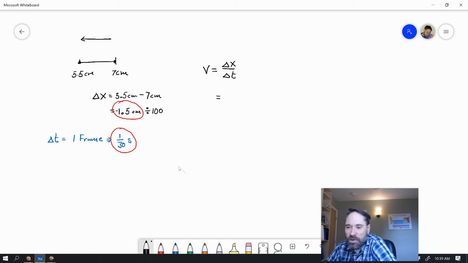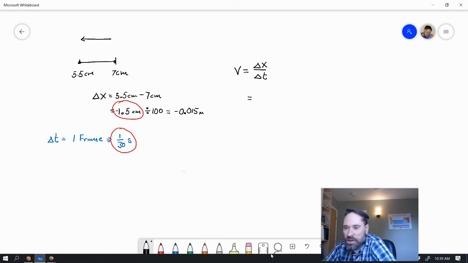So negative 1.5 divided by 100 gives me negative 0.015. And this is in meters. I should probably move this part over a little bit so it doesn't get too crowded. All right. So that's in meters, and this is in seconds.